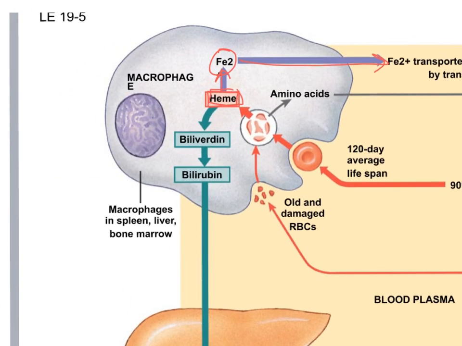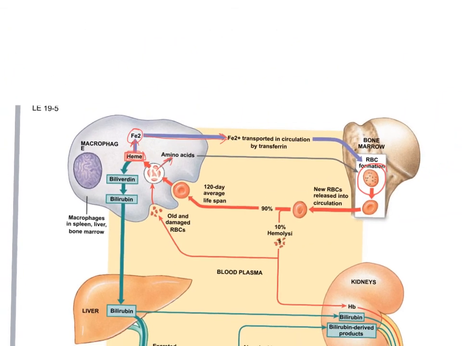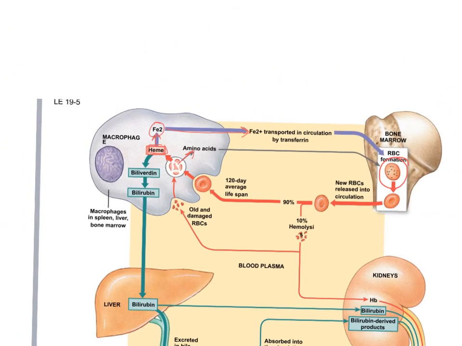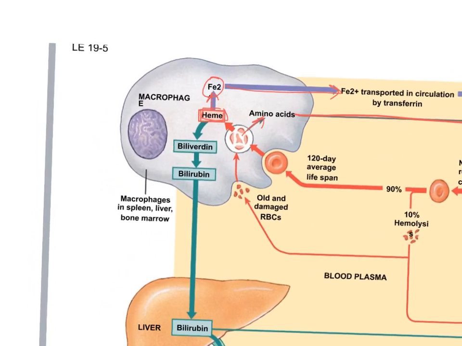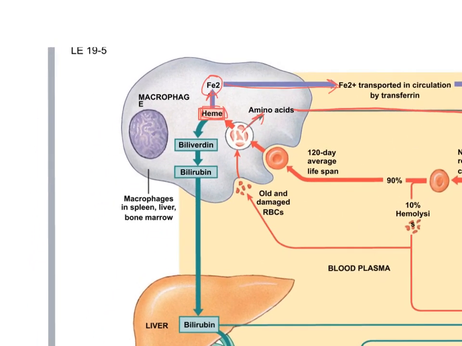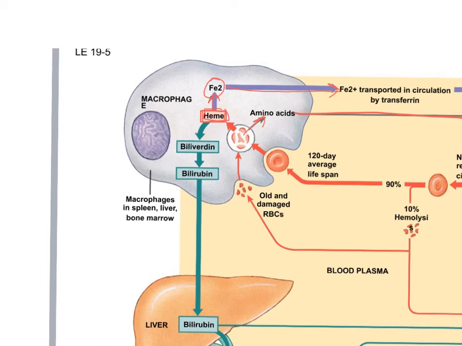Then another component, the amino acids too. The amino acids here are also going to be brought back into the bone marrow where they can be reused to make new red blood cells. So two things are getting recycled. Then we have another component that's called biliverdin.